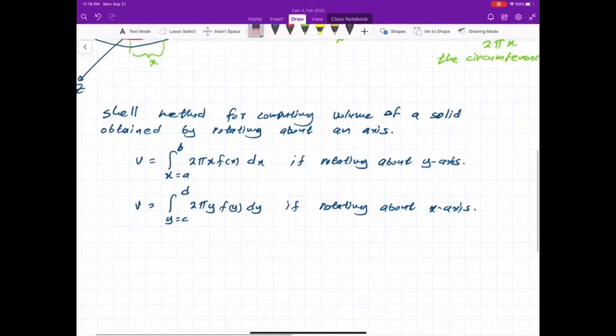If it is rotating about the y-axis, you have dx here. If you are rotating about the x-axis, you have dy here. Right, and the limits from here a to b, here c to d.